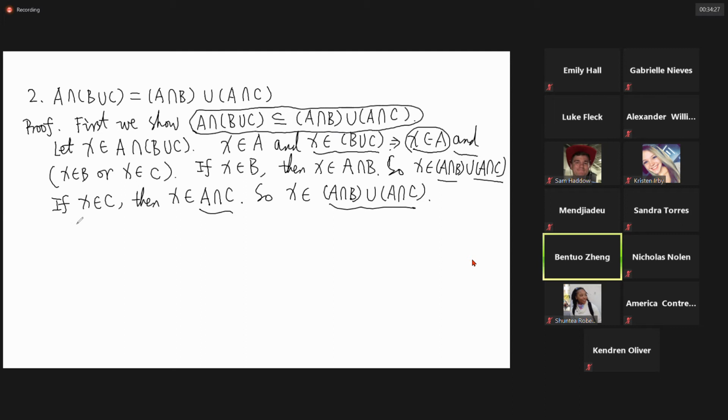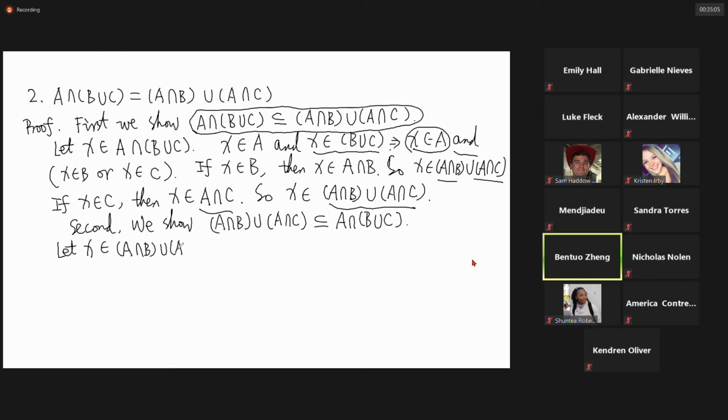Okay, now let's look at the second step. The second, we show (A intersect B) union (A intersect C) is a subset of A intersect (B union C). Again, we'll take any element x in (A intersect B) union (A intersect C).